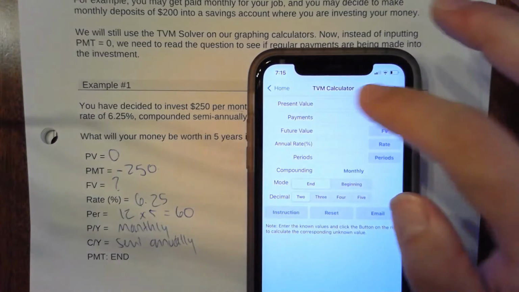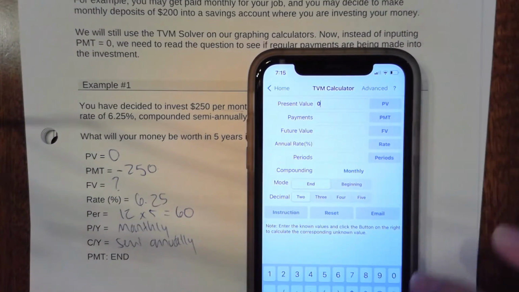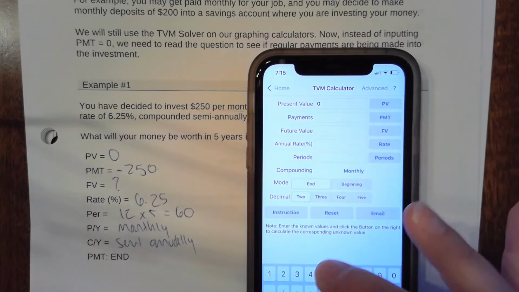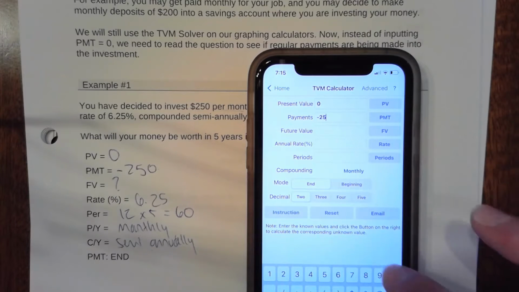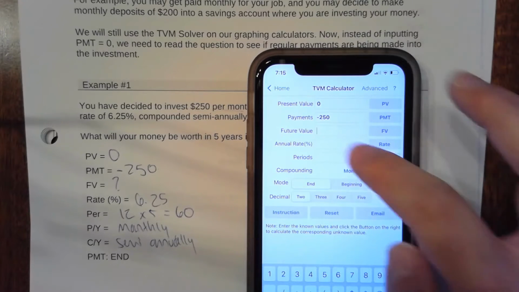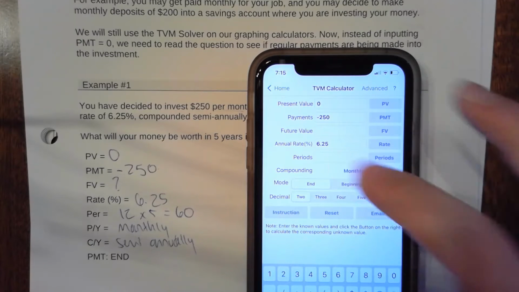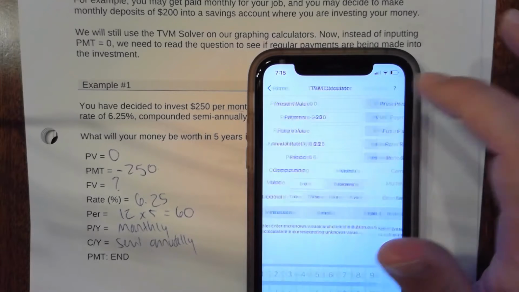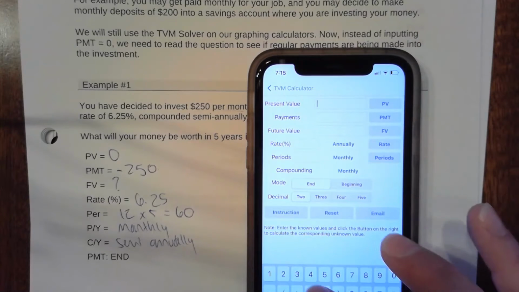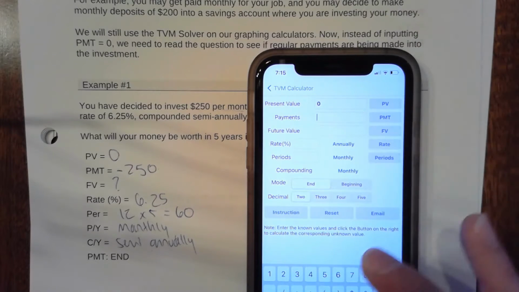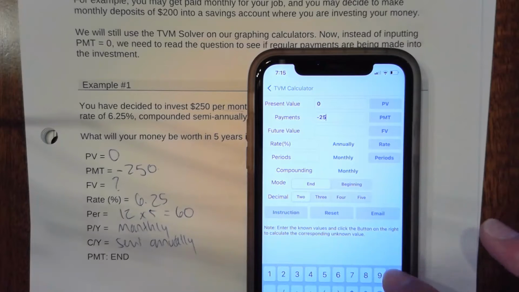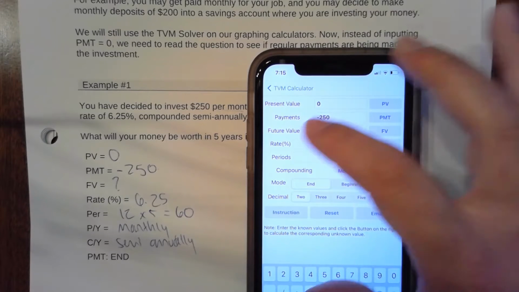Good time for my app. Let's see here. Got to make sure I have that negative 250. Ooh, don't know what that is. And I forgot to switch to advanced, so great. Let's start over again here. Gotta make sure I'm on advanced because we do need that.